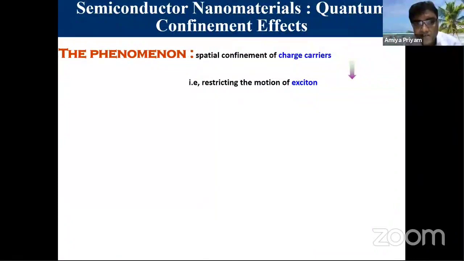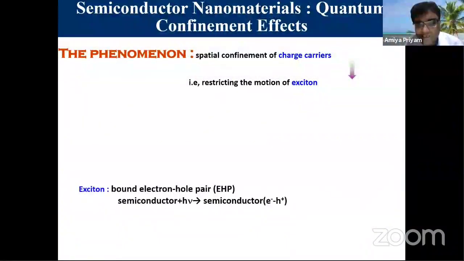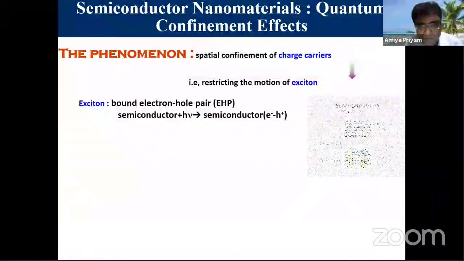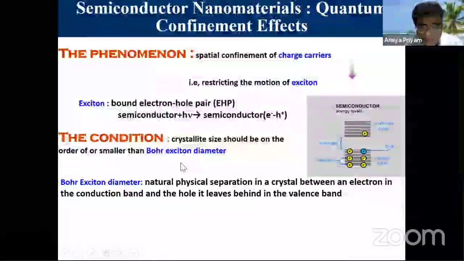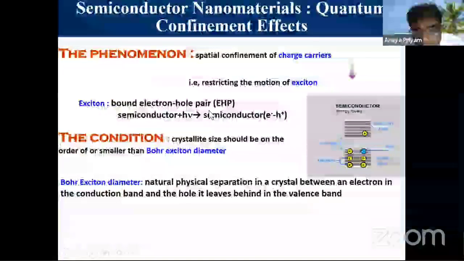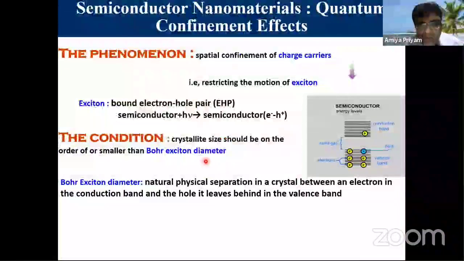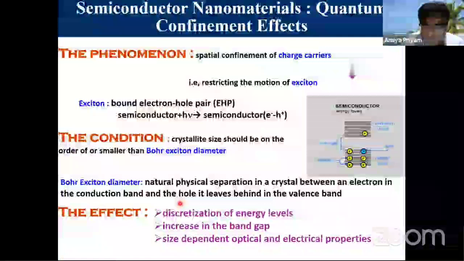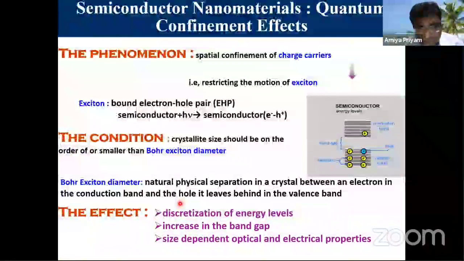That is, we are restricting the motion of the exciton in 3-dimensional space so that it is not able to execute free motion, and then the quantum mechanical properties set in. Once this essential condition is met, you will have a number of effects, such as the discretization of energy levels. What does this mean?